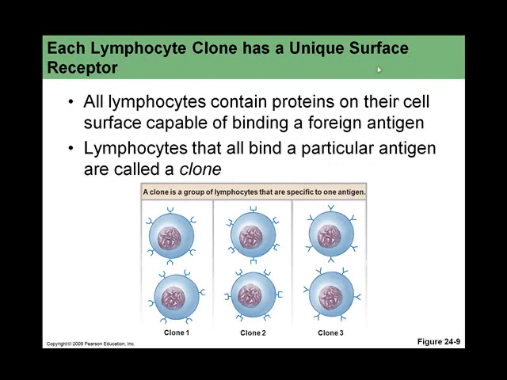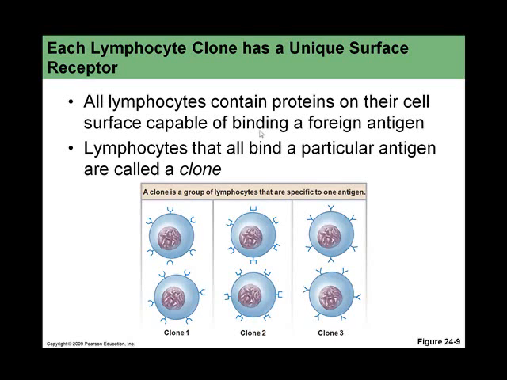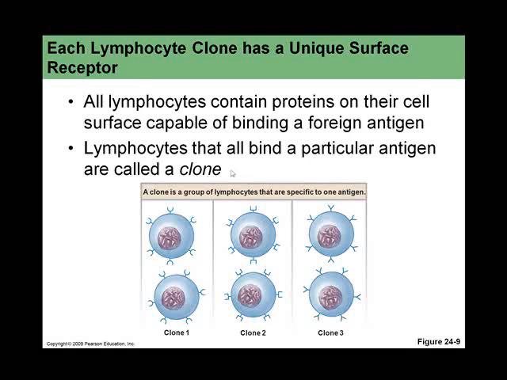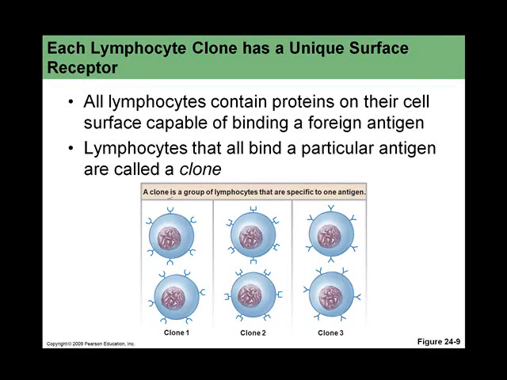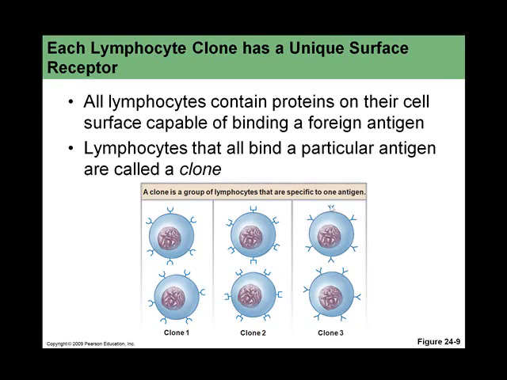So each lymphocyte clone has a unique surface receptor, and all the lymphocytes contain proteins on their surface capable of binding a foreign antigen. So the lymphocytes that can bind a particular antigen are called a clone. So a clone is a group of lymphocytes that are specific to one antigen. So you see the little semicircular, and then the square, half a square, and then the Y shape, or half a diamond, right?